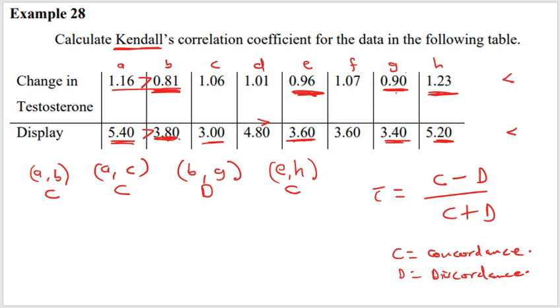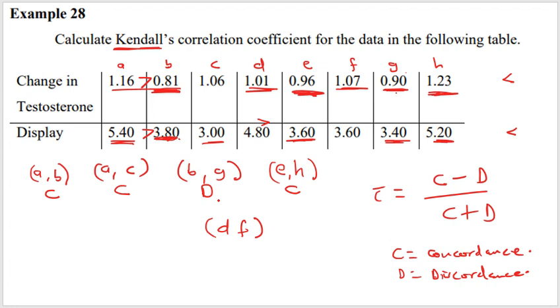Let's try another one. Let's pick, for example, D and F. When we pick D and F, we realize that D, 1.01, is less than F, which is 1.07.